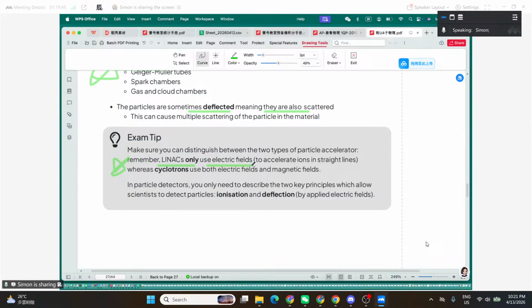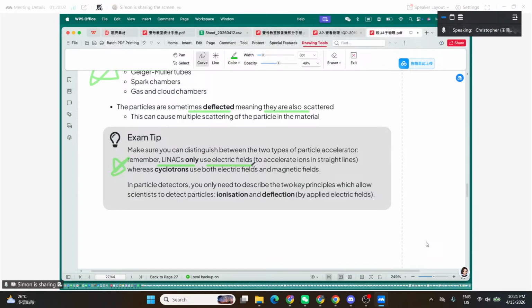The linear accelerator only uses the electric field to accelerate ions in a straight line, but the cyclotron uses the electric field and also has the magnetic field. Okay, understand it?